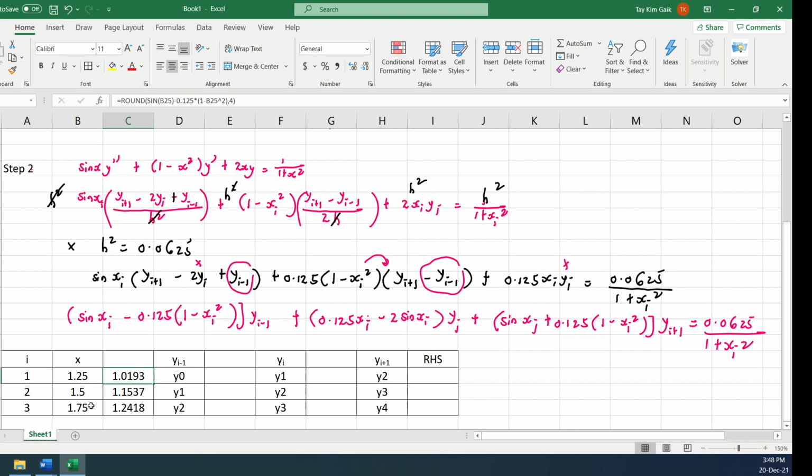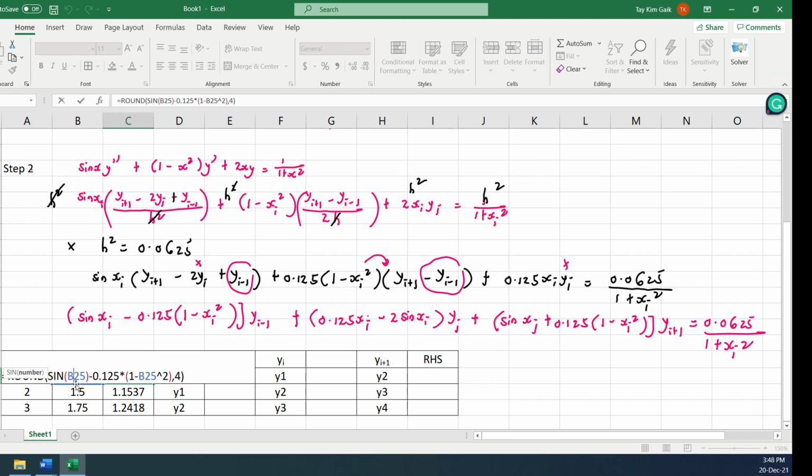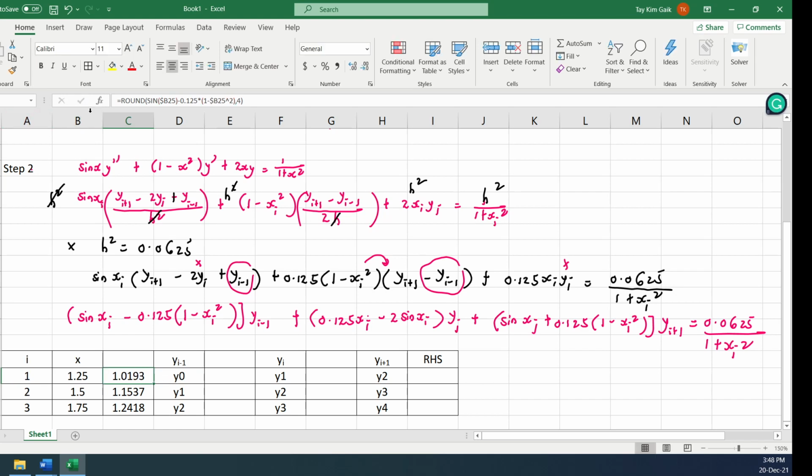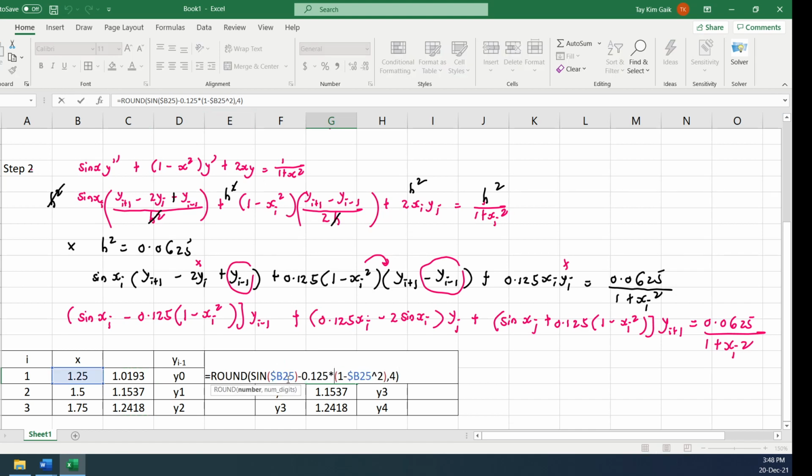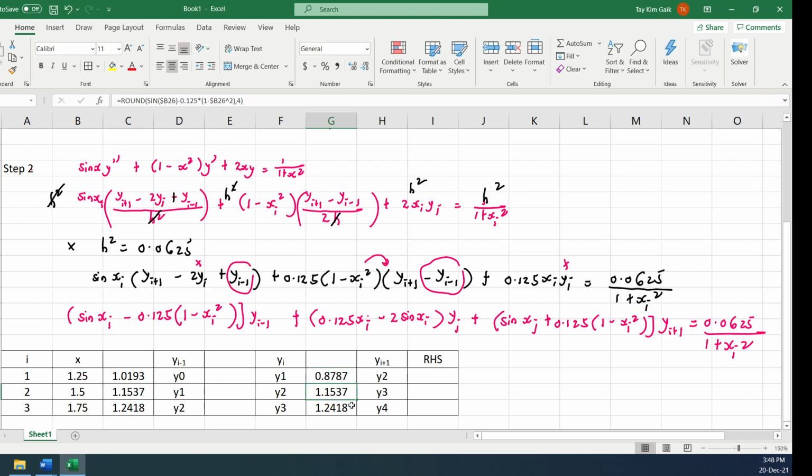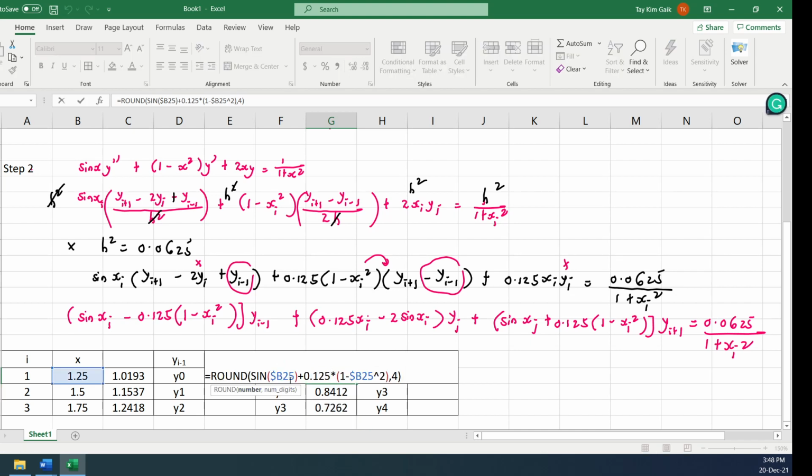I want to fix x to stay in column B, hence in my formula I should put a dollar in front of the B. When I copy it down you won't see any difference. Now I can change negative to plus.